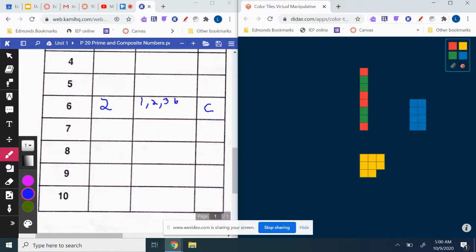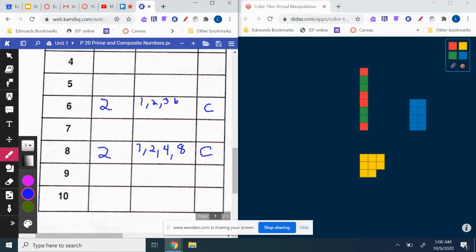Nope, I cannot do that. And so then I'm back at the 4. So I know that for 8, I have 2 rectangles that work. And my numbers are 1 and 8 and 2, comma, 4. So this is a composite number.